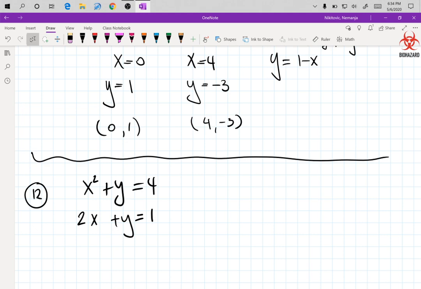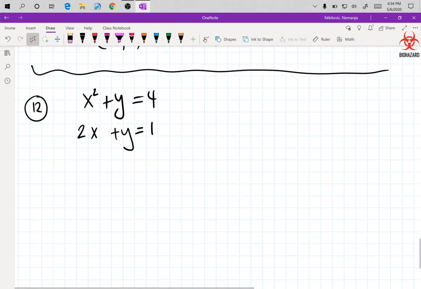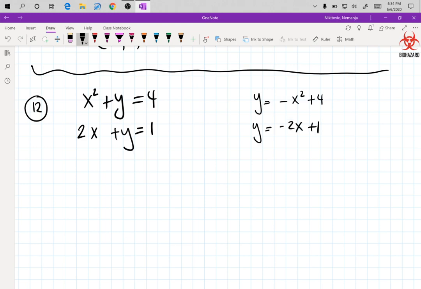All right, so what is this next problem? Well, if you look, this one turns into y equals negative x squared plus 4. And the one on the bottom is y equals negative 2x plus 1.